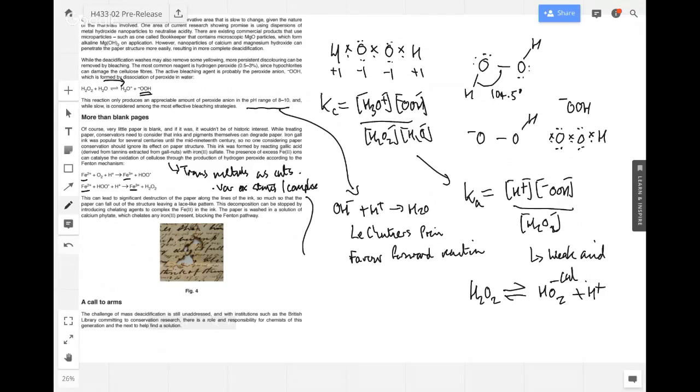And because we've got iron 2 and iron 3, we could talk about the relative stability of those.